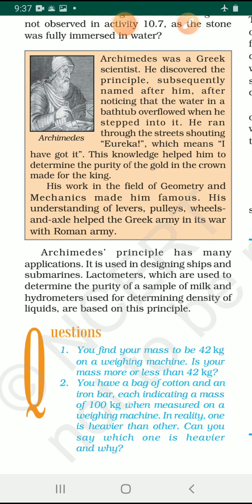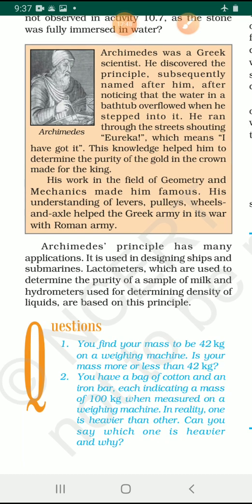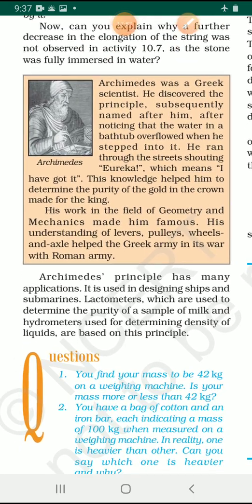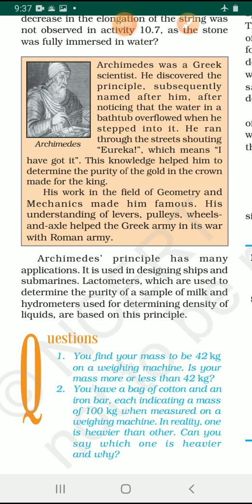A hydrometer is used for determining the density, mass per unit volume, of liquids. And as a day-to-day life application, the Archimedes principle is used in the manufacture of big ships or submarines, right?